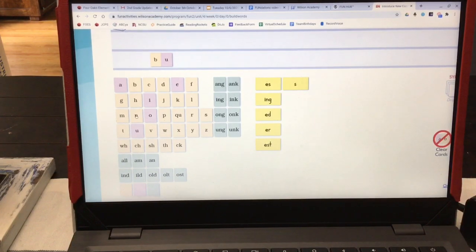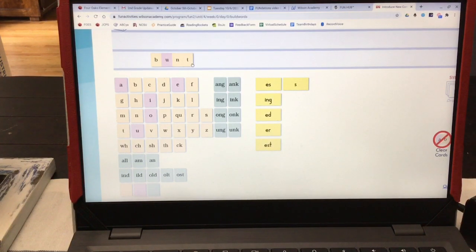Bun. Why do I sing sounds sometimes? Bunt. Here we go. Bunt. I always used to like to bunt because I was pretty fast and I could get to first base. Bunt.